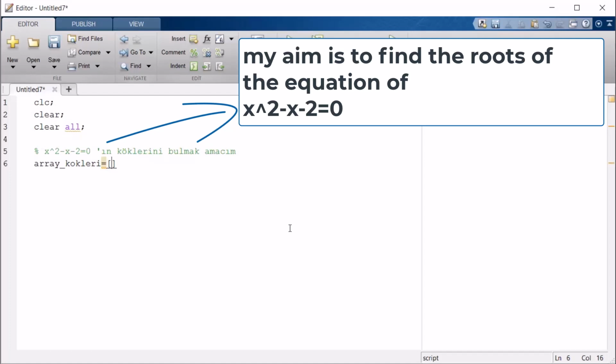You know that this bracket is used to create an array. You start by writing the coefficient of the highest degree term into it. MATLAB detects this automatically. If you ask how it perceives it, it comes from the far right, so it accepts minus 2 as x to the power 0. It doesn't matter whether x or a.